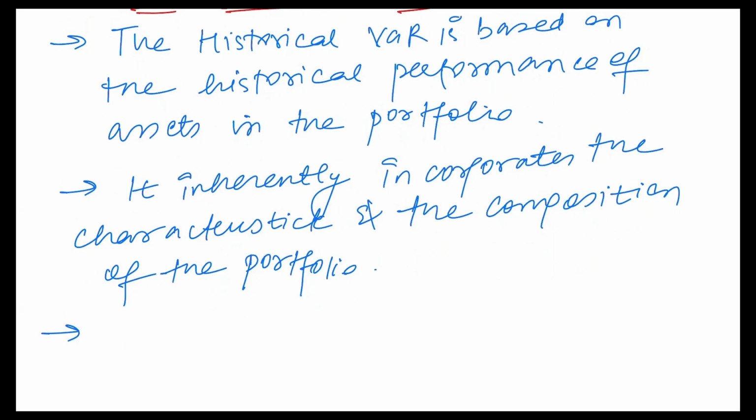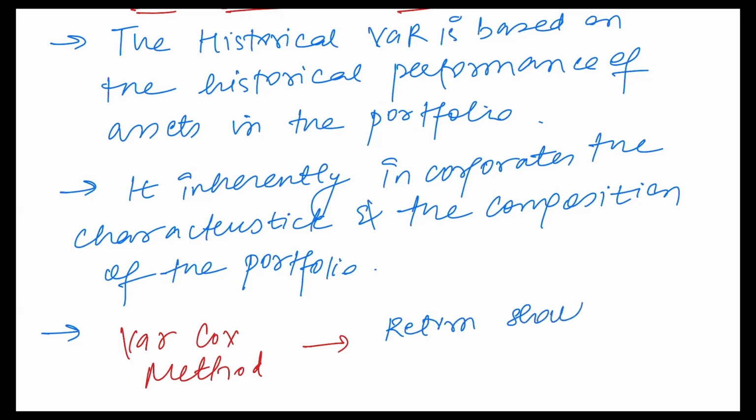In the variance covariance method, which I covered in my last video, and which I highly recommend you watch if you have not seen it, we make an assumption that the return should follow a normal distribution.